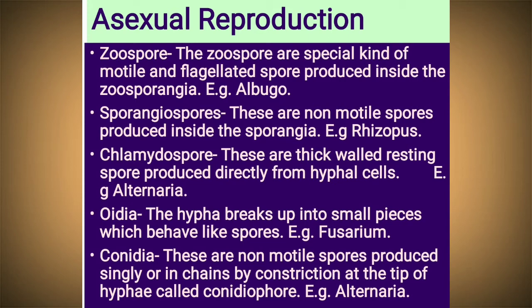The example is Alternaria. Here they do not have any sporangia; they are directly developed from the hyphal cells.